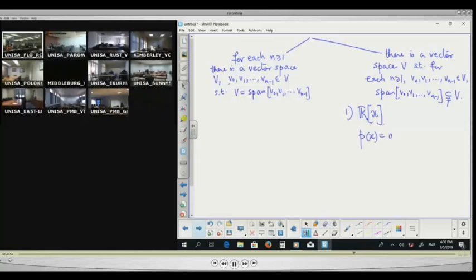It's an nth degree polynomial. So this is exactly in the span of, obviously no. For each n there is a n plus, so there is a higher degree polynomial, right?